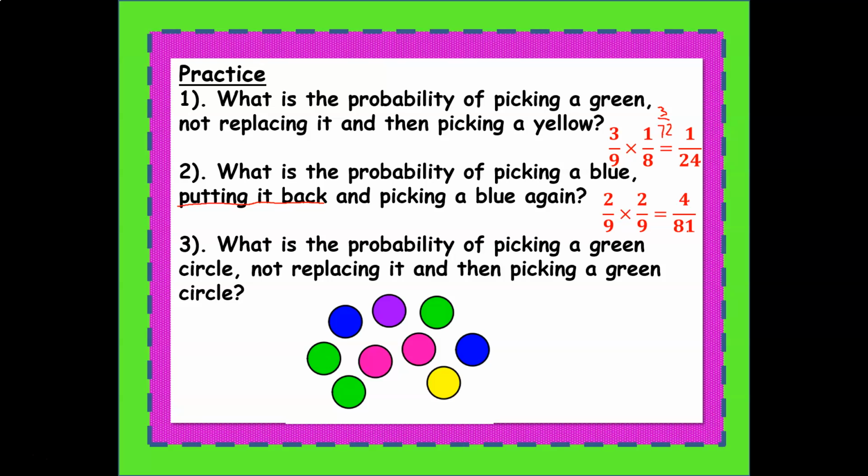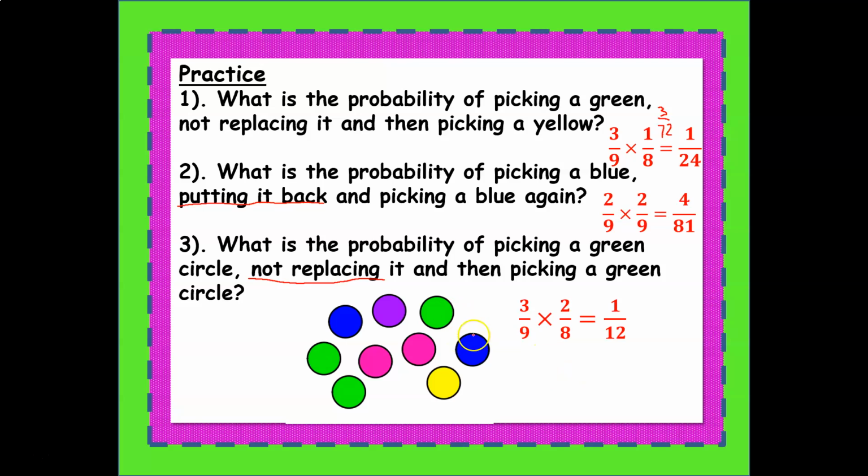And number 3. What is the probability of picking a green circle, not replacing it, and then picking a green circle again? So once again, this is our dependent event because we're not replacing it.